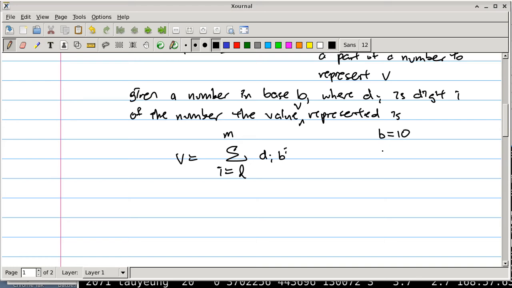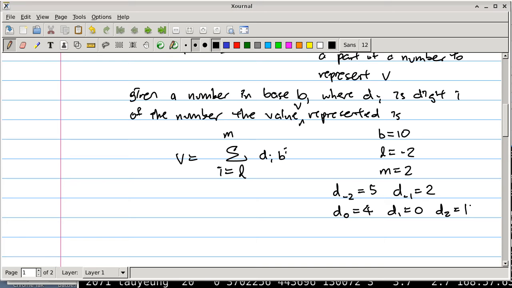And then we'll assume L is -2 and then M is just 2. And then we'll have all the D's, right? So D -2 is 5, D -1 is 2, D0, I'll give it a 4. D1 is going to be a 0, and then D2 is going to be a 1.